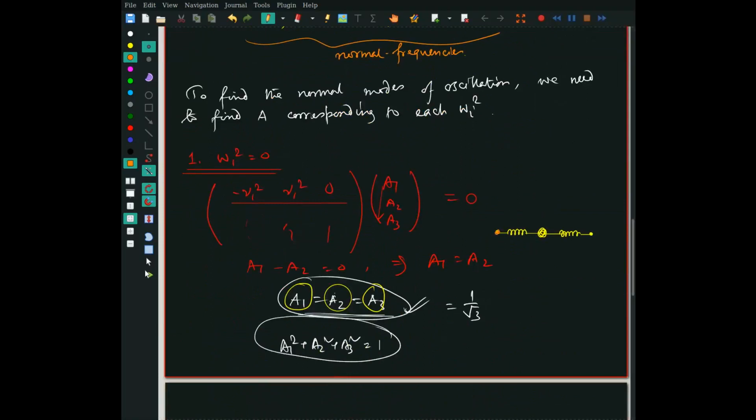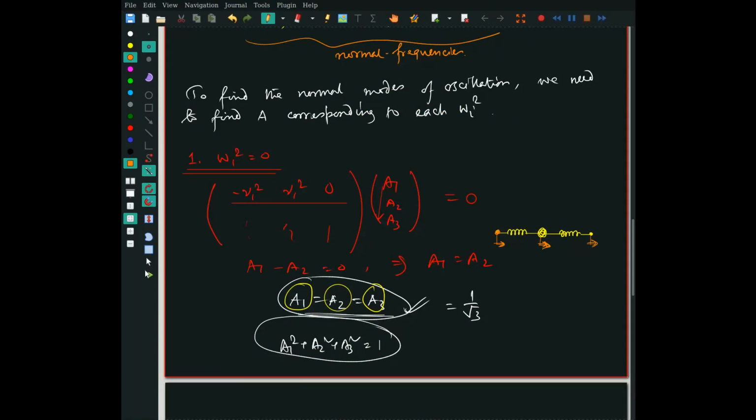So it tells you that all the displacements or all the amplitudes should be in phase and should be equal to each other. So if this is moved by 2 centimeter, then this should be moved by 2 centimeter as well, and this should be moved by 2 centimeter. 2 centimeter is too large. Let's say 2 micrometer. So the displacements are equal. That means the molecule is basically being translated as a whole.